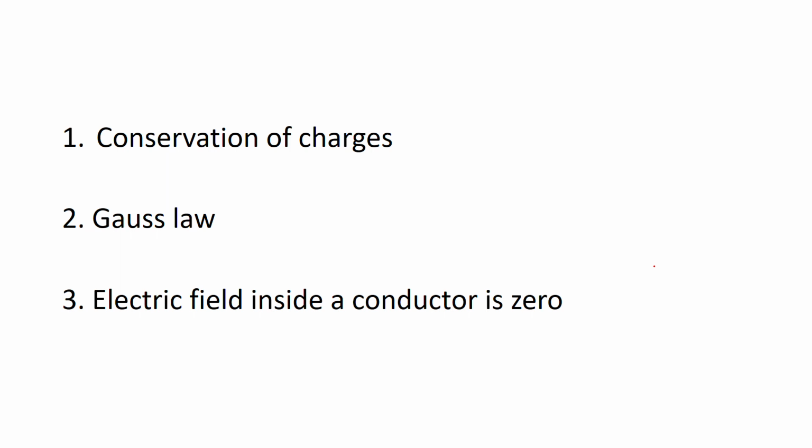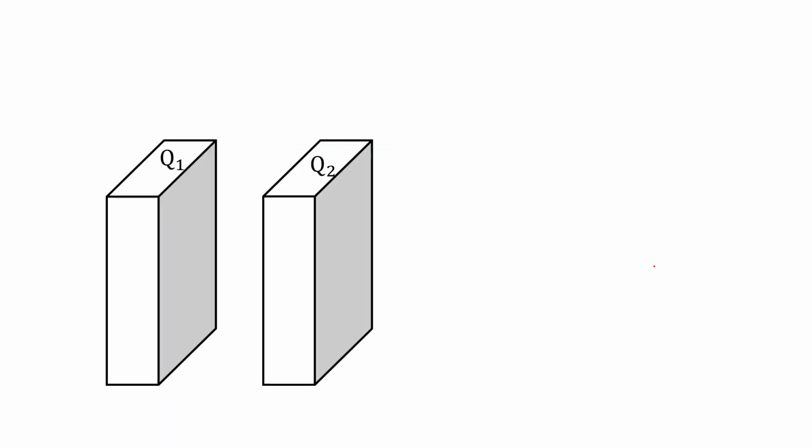So let us consider this parallel plate capacitor or a conductor which are initially given charges Q1 and Q2. This Q1 is the total charge which is on the plate 1. Suppose this is our plate 1, and Q2 is the total charge given to plate 2. This is our plate 2.